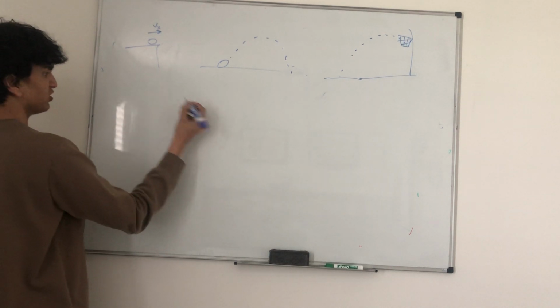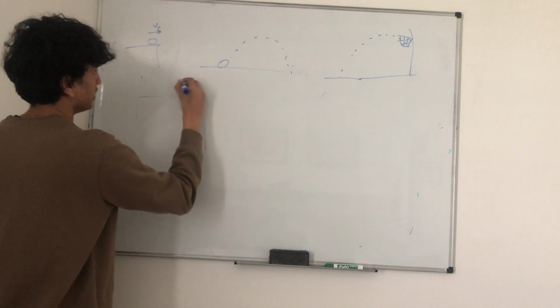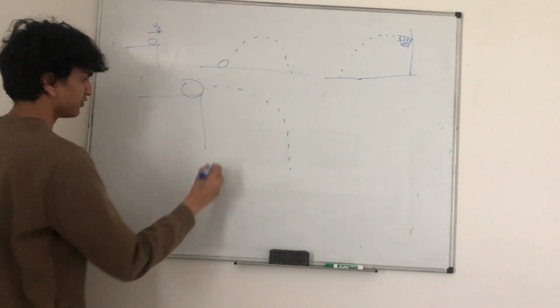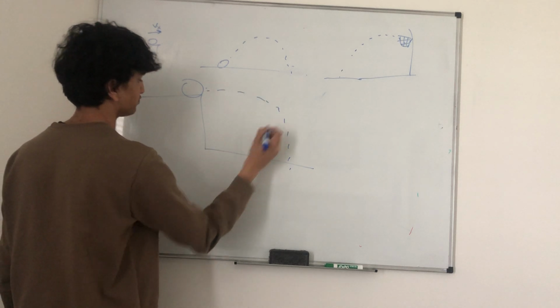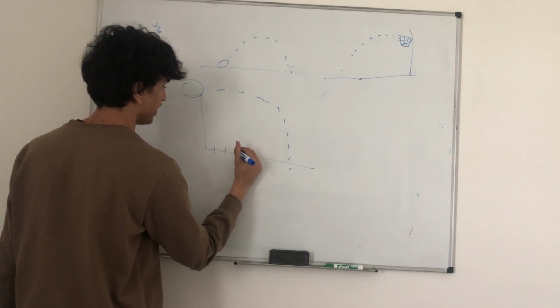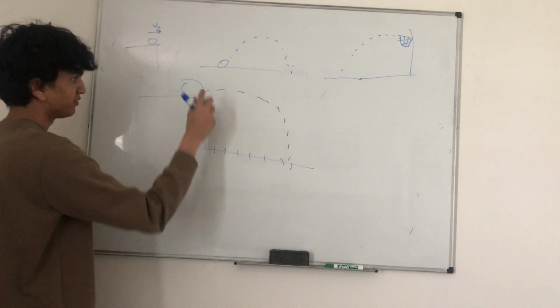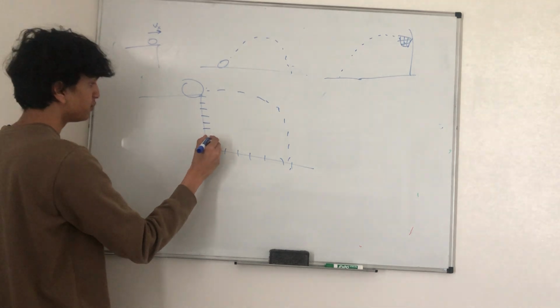I'm going to just make this larger to help myself explain. It's going to fall a certain height, and it's going to travel in the x direction, and it's also going to travel in the y direction. They're independent of each other.